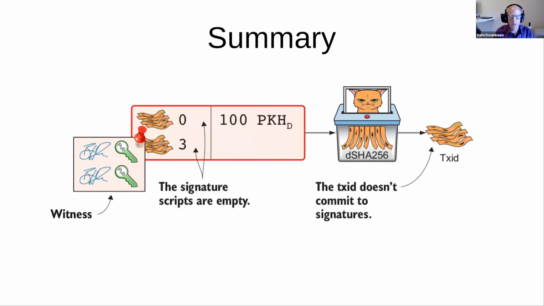Okay, let's summarize. We created something called segregated witness here, and that is we rip out signature data from the transaction itself and move it into an external data structure that we call the witness.